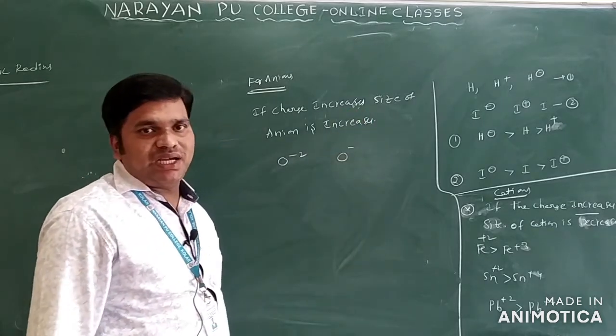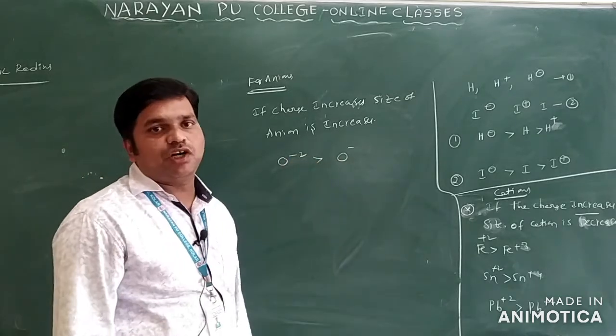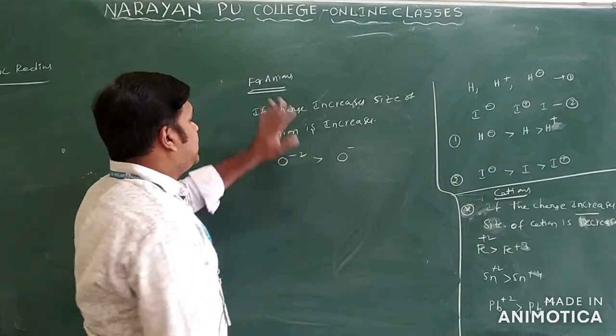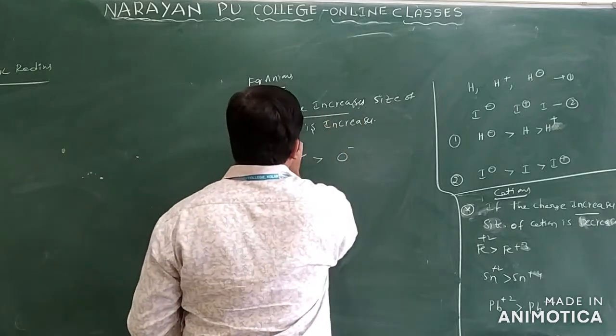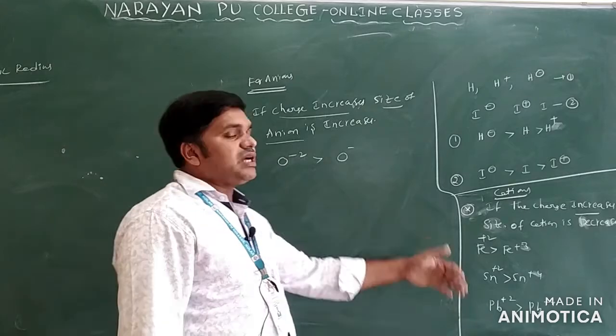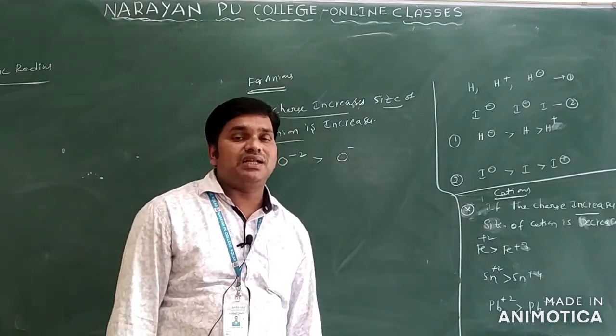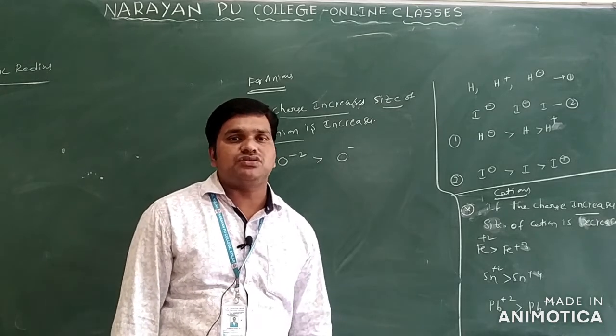Which one has the highest size? I will write O minus 2 greater than O minus only, because in the case of anions, as charge increases, size of the anion increases only. So this is comparing the size of both positive ions and negative ions, that is, cations and anions only.